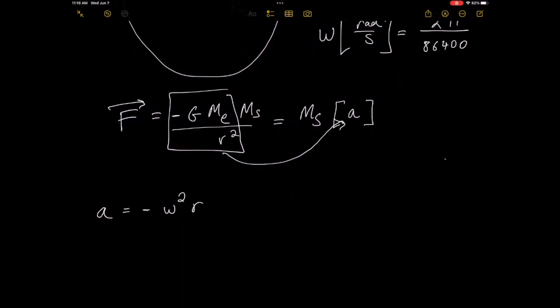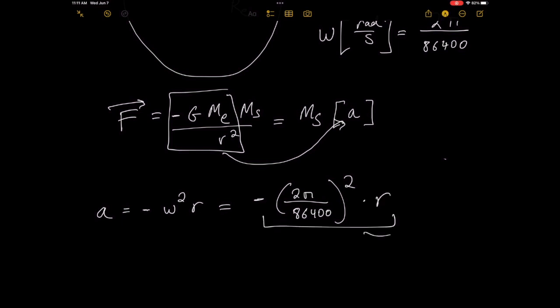So negative omega squared r is negative 2 pi squared over 86,400 squared times r. And so we can plug this right in here.